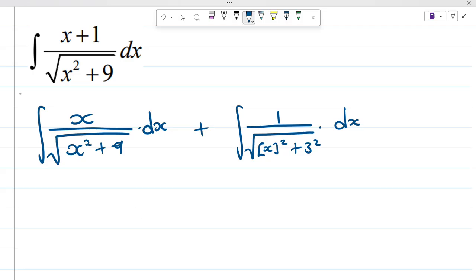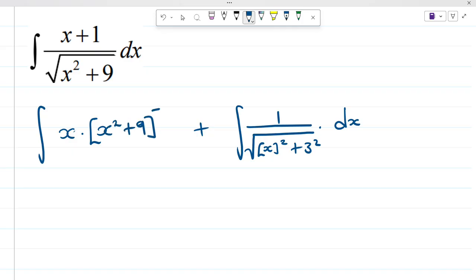So another thing that we need to do is to rewrite this. Allow me to erase this and rewrite it in a nice way so that we are able to use the general power rule nicely. I'm going to take this square root up and change the sign of the exponent. So I have x here multiplied by square root of x squared plus 9 to the power negative half, like this.